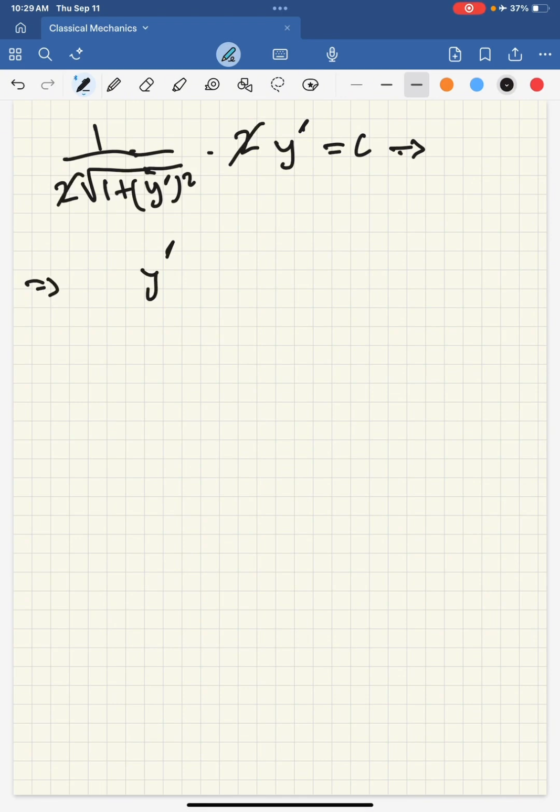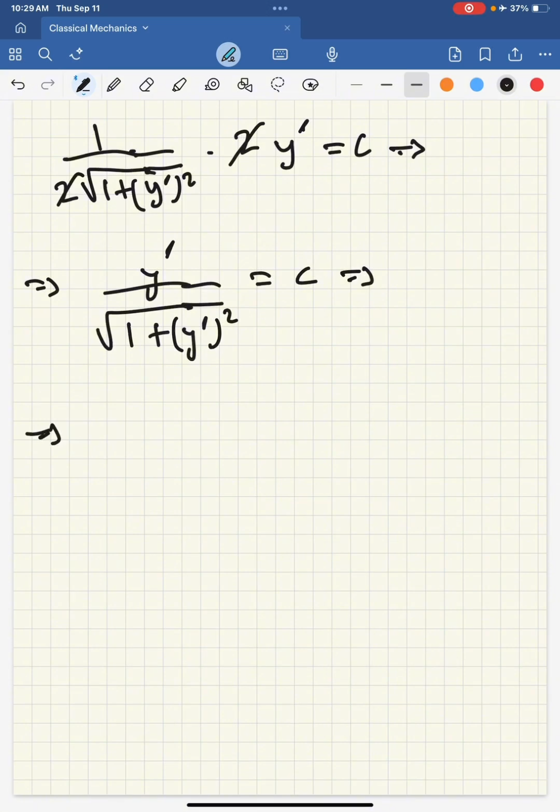So y prime over the square root of 1 plus y prime squared is a constant, so we take the square of both sides: y prime squared over 1 plus y prime squared is c squared.